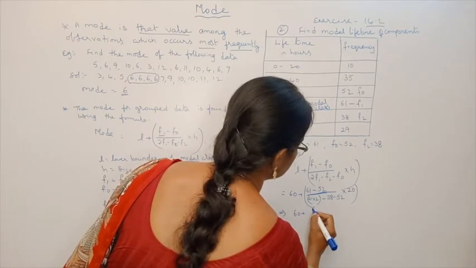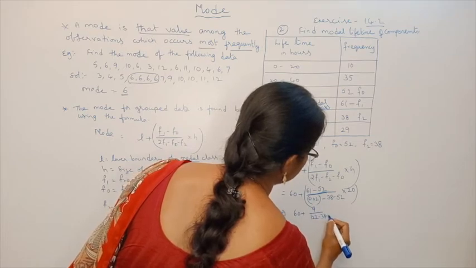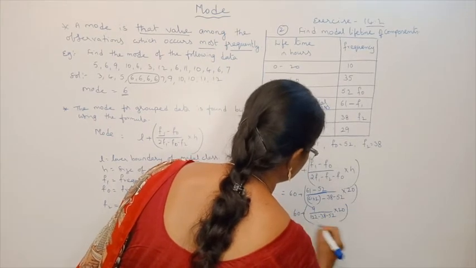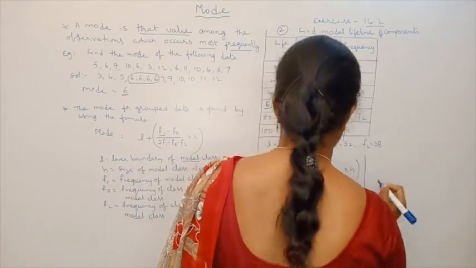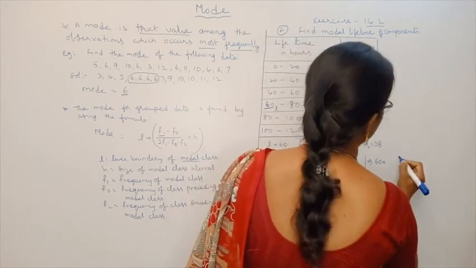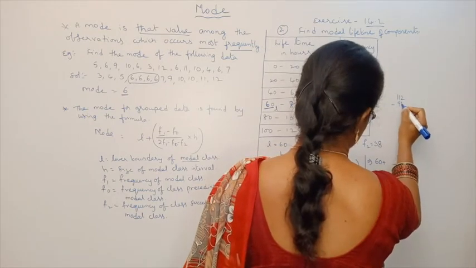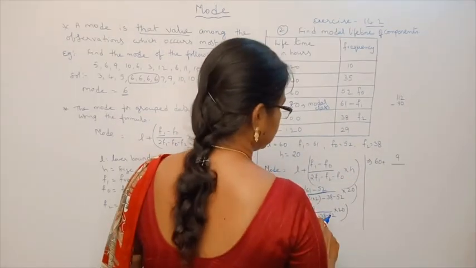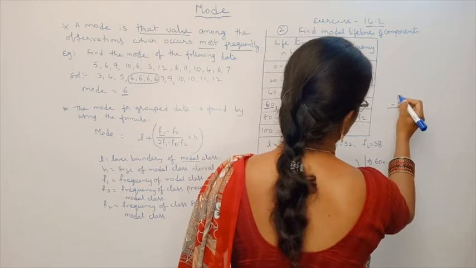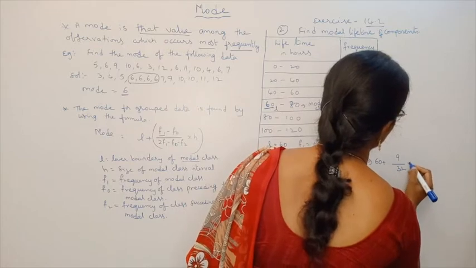So 60 plus 9 by (122 minus 38 minus 52) into 20. 38 plus 52 is 90, and 122 minus 90 is 32. So 60 plus 9 by 32 into 20.